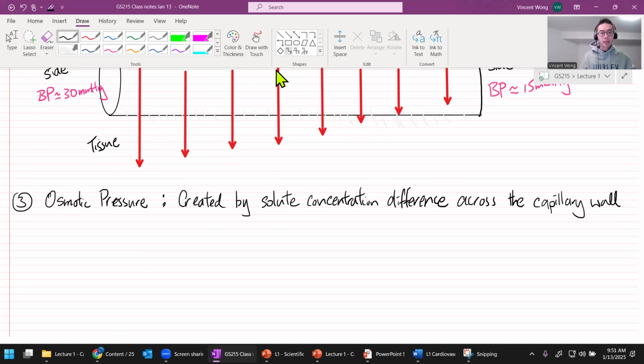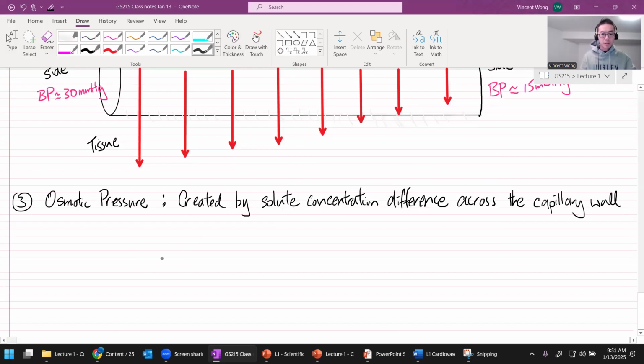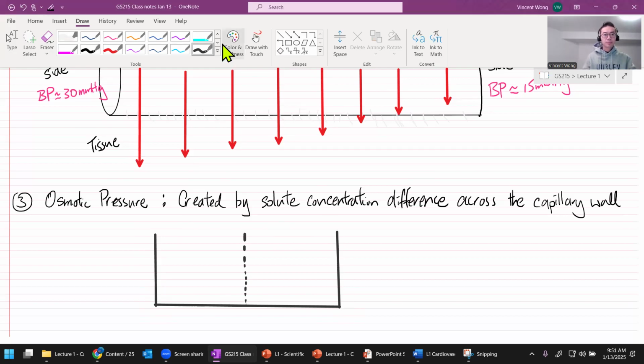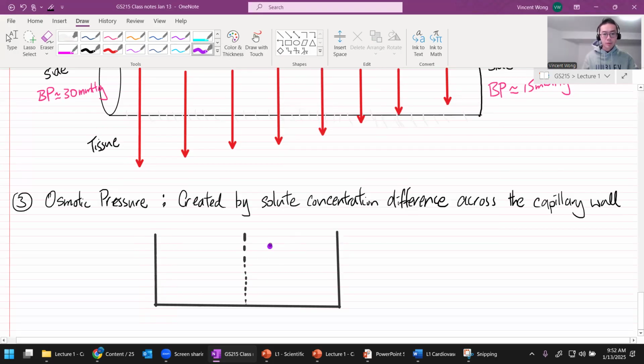Okay. This next part is a little bit counterintuitive. We talked about this last semester, but let's talk about it again just to make sure that we are all on the same page. Let's say we have 2 chambers, and then we have a membrane, and then we have some purple particles.